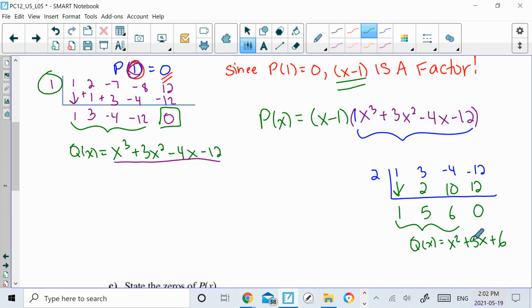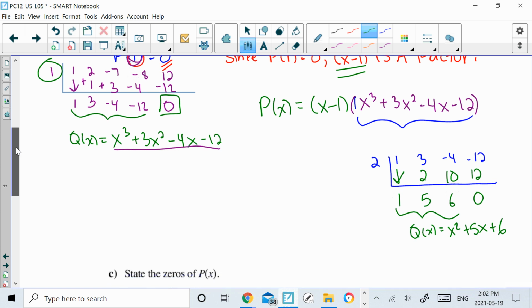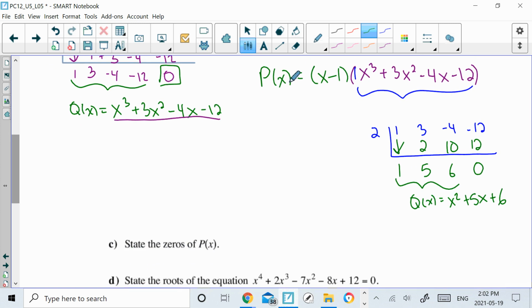Okay, remember, once you get down to a quadratic, you could then factor by your PSA method. But I'm going to rewrite the polynomial function where I'm at. P of x is equal to, I already have this factor. Now I could write this factor. So the factor that gives me a root of 2 would be x minus 2. Then I write my quotient.